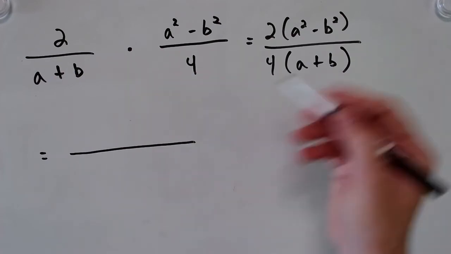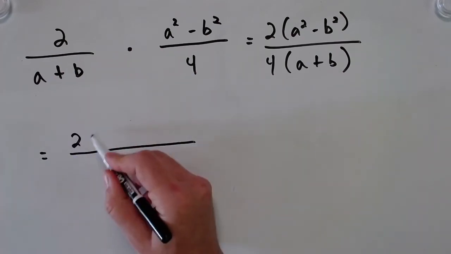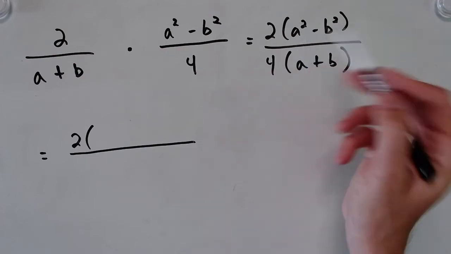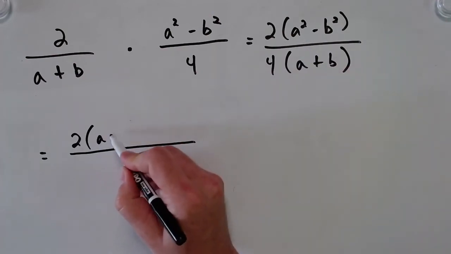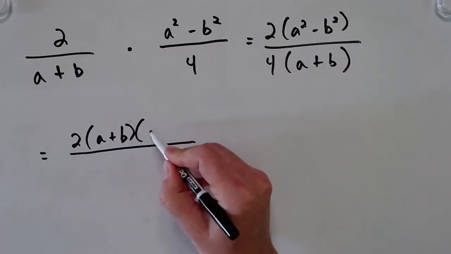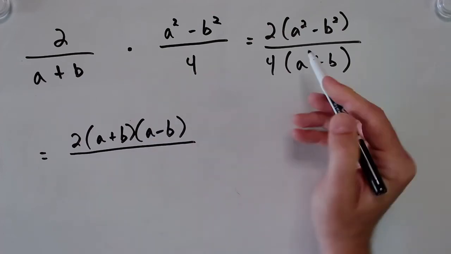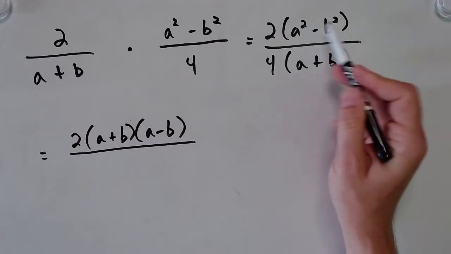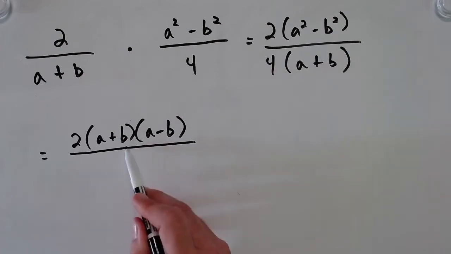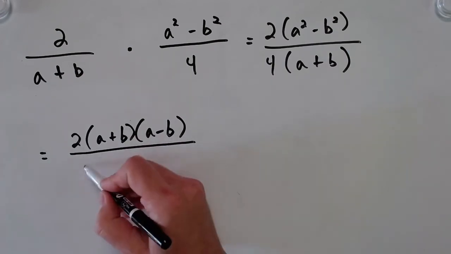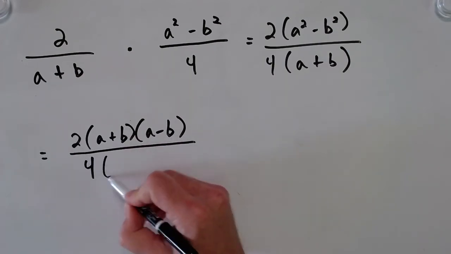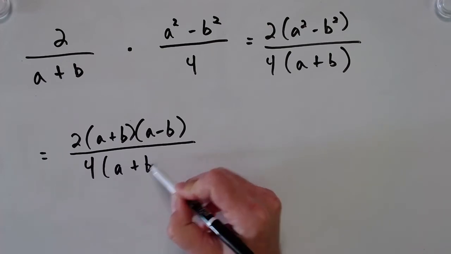And I'm going to just do one expansion here. I'm going to rewrite the 2. And we have a difference of squares, just like we saw in the slides. So this is a plus b times a minus b. We have a squared minus b squared, a difference of squares. It factors into this. And then we'll just rewrite the bottom, 4 times a plus b.